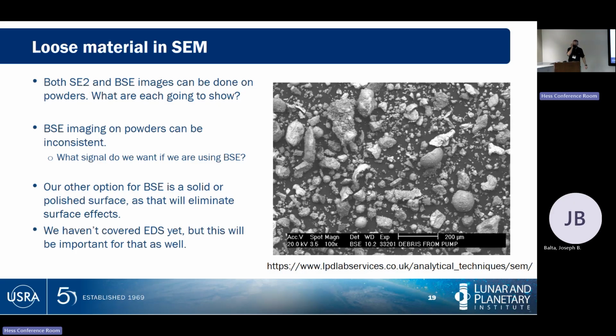If, on the other hand, I processed my stuff into a more solid state, that could give me a much cleaner signal and allow me to assess what the stuff is that each is made of. We've only briefly mentioned EDS. EDS is the same way, that for a good EDS analysis, I need to have a strong signal return in a certain direction. If I try to do an EDS analysis right here, I may get a signal, or I may not, depending on which side of this little ridge I'm on.